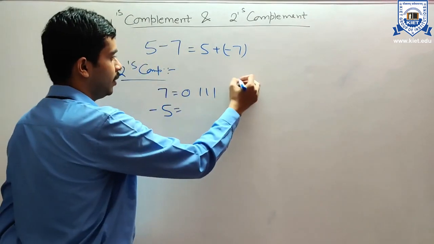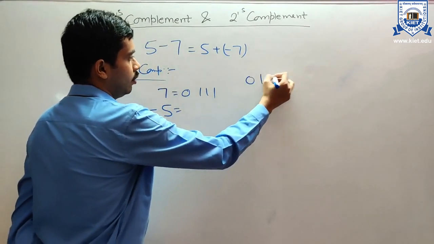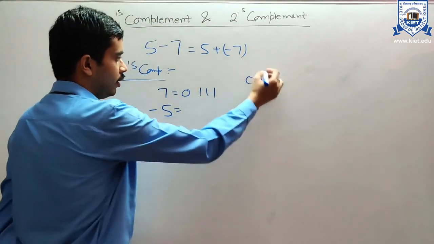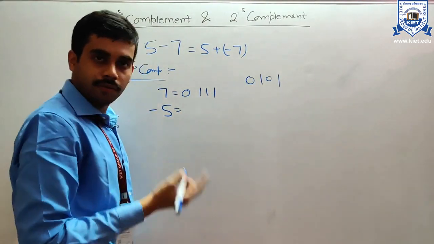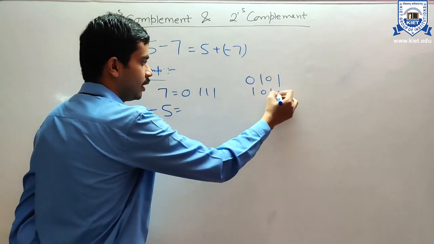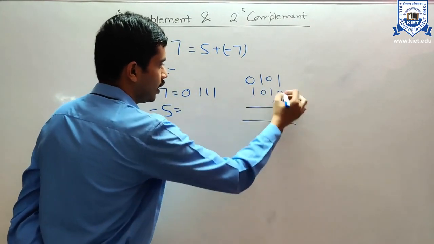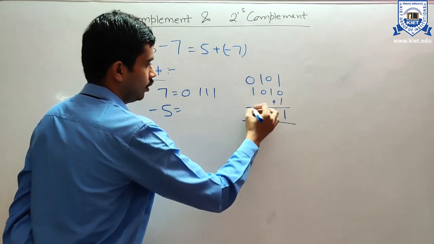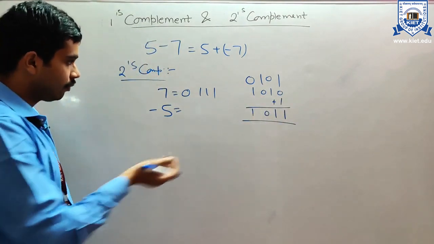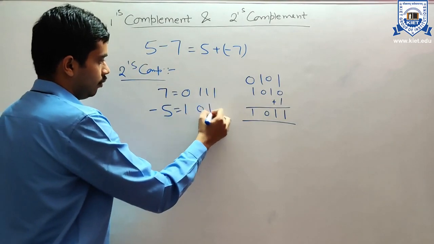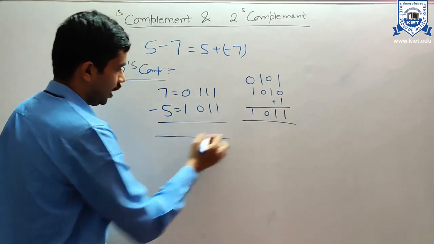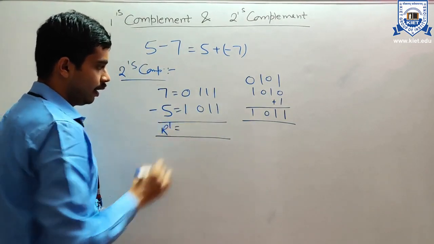The 2's complement of plus 5: 0 1 0 1 is plus 5. Then we go to the 1's complement, that is flipping the bits. Now we will add 1 and we will get the 2's complement here. 1 1 0 1. Okay, 1 0 1 1 and we will add it.